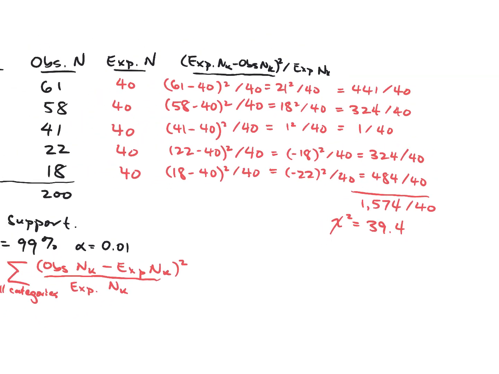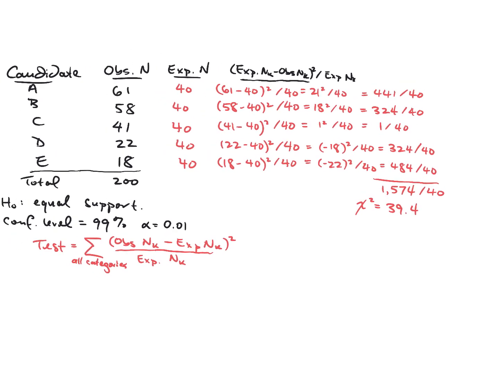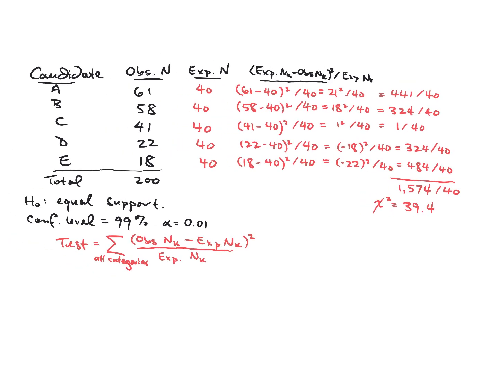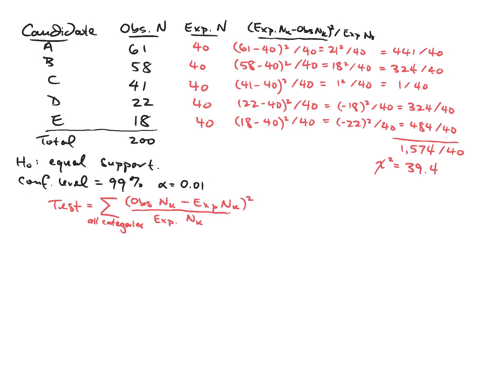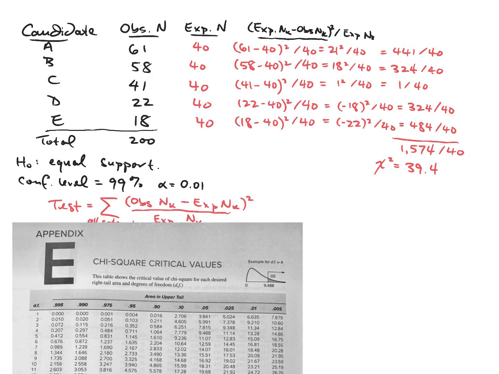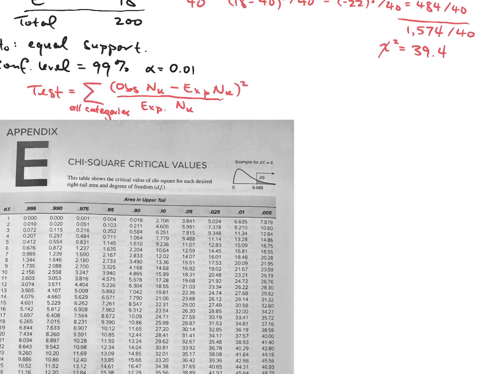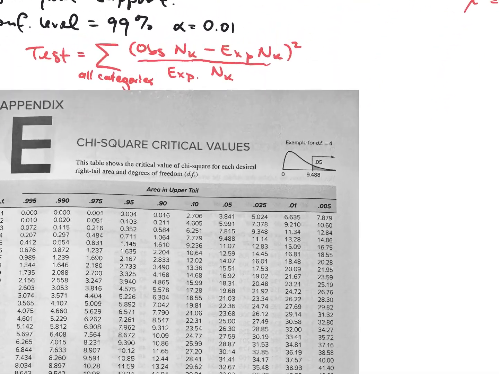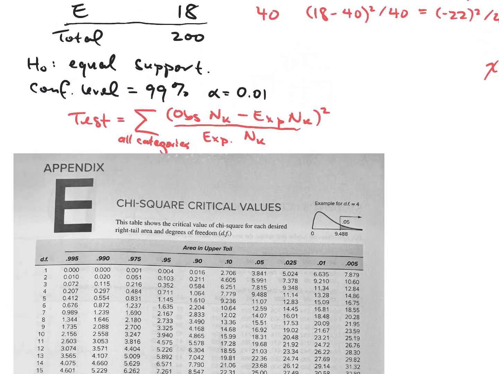All right, so next step, we need to find our critical value. So we pull up the table for the chi-squared distribution. So here we are. Chi-squared distribution. We need to pay attention to degrees of freedom, first of all. So how many degrees of freedom do we have?